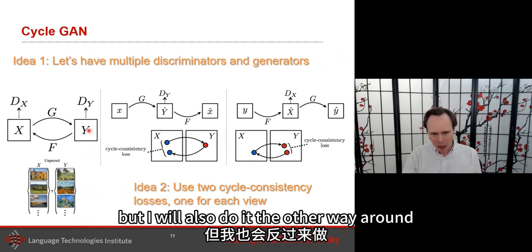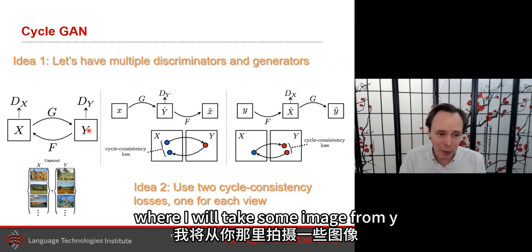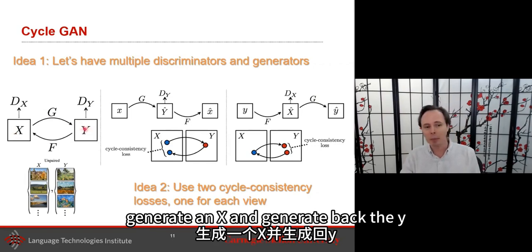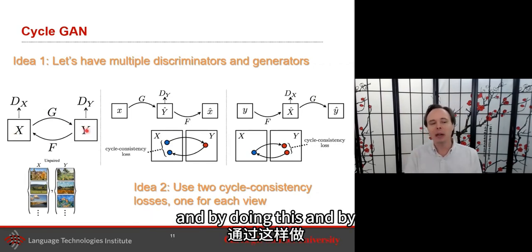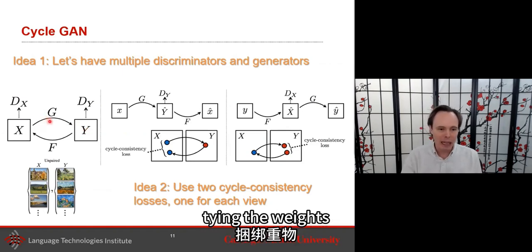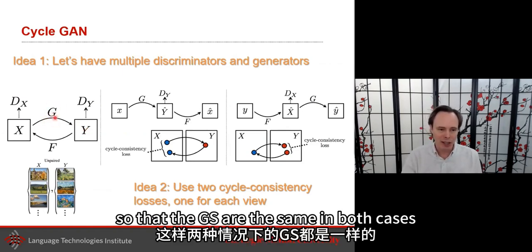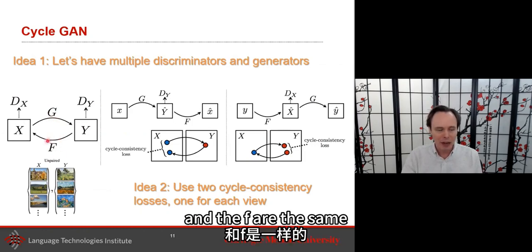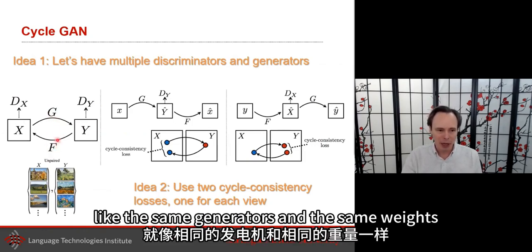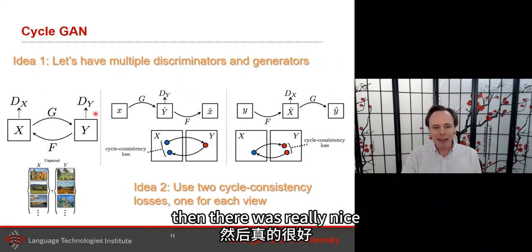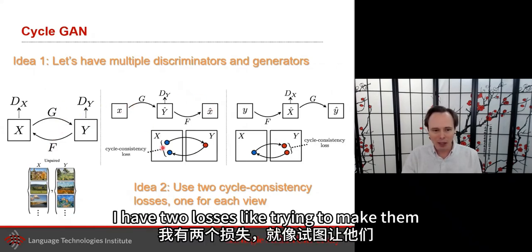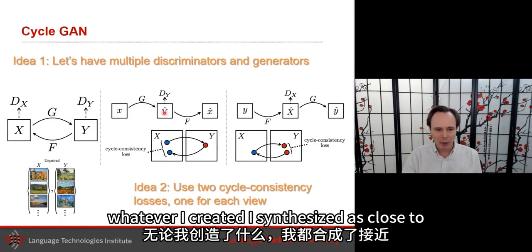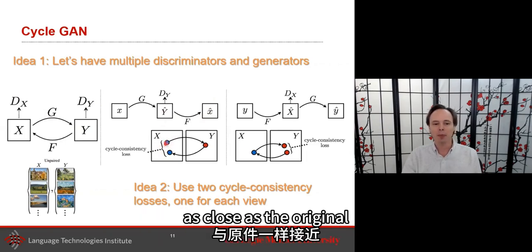But I will also do it the other way around, where I take some image from Y, generate an X, and generate back the Y. By tying the weights so that the G's are the same in both cases and the F's are the same, I have two losses, trying to make whatever I synthesize as close as possible to the original.